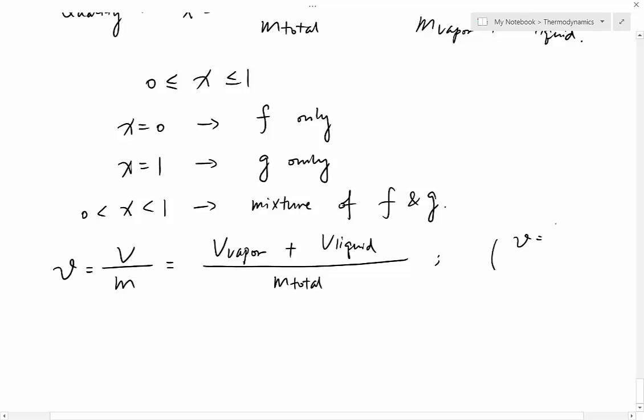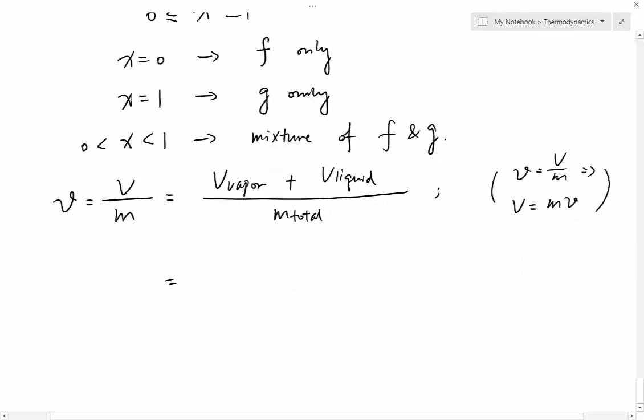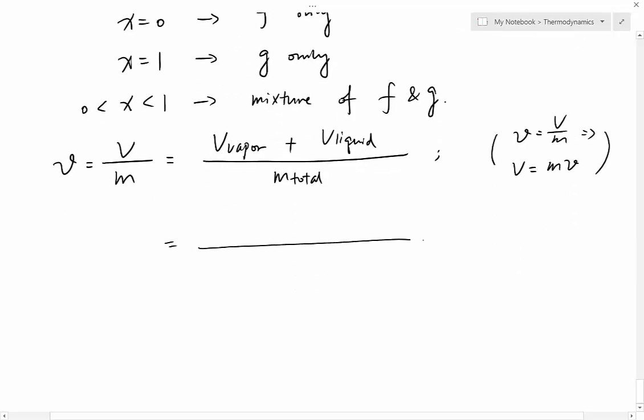All right, and then let's recall. Nu is equal to V over M, so we can rewrite this equation to volume is equal to mass multiplied by nu. So now what we're gonna do is rewrite the two volumes. Let's first rewrite volume of the vapor in the numerator. How do we rewrite volume? We can use this equation.